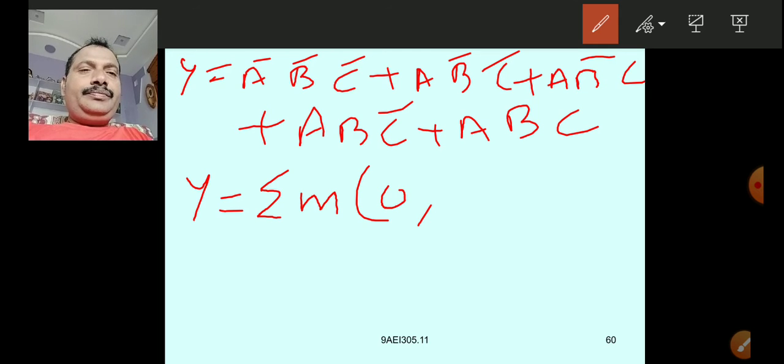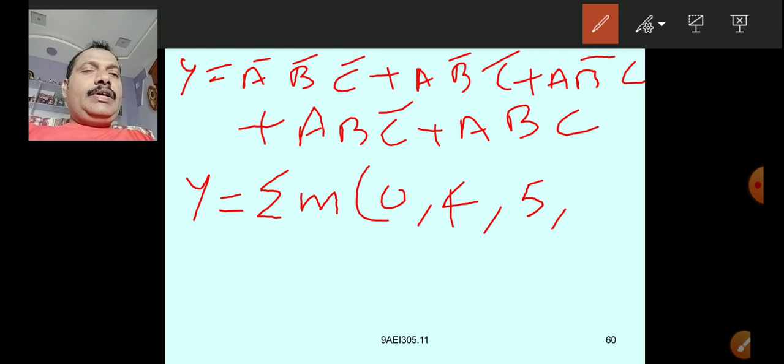Here A, B bar, C bar is 100, which is 4. Next, A, B bar, C is 101, which is 5.